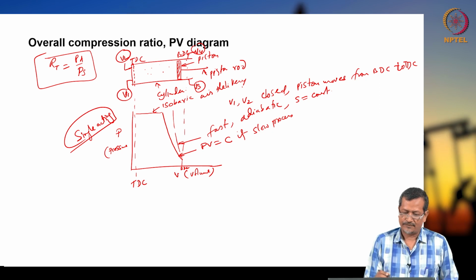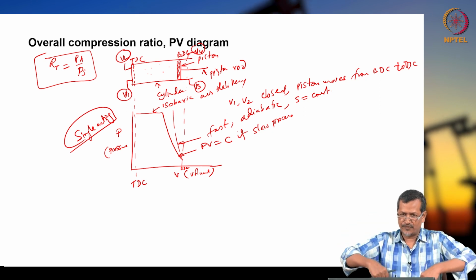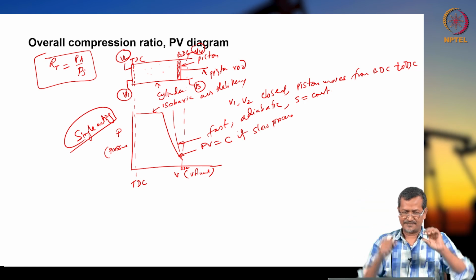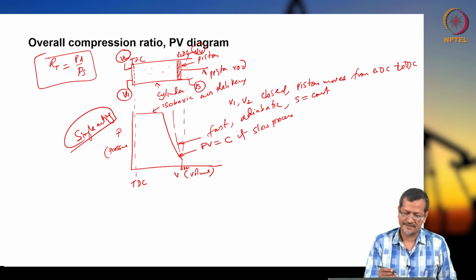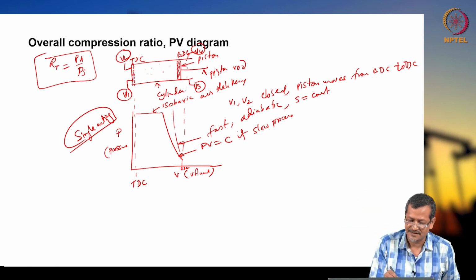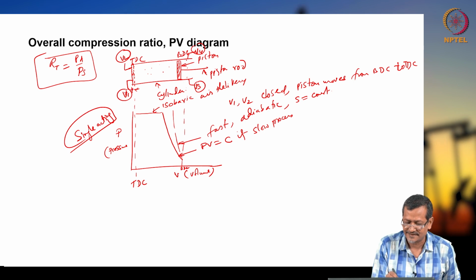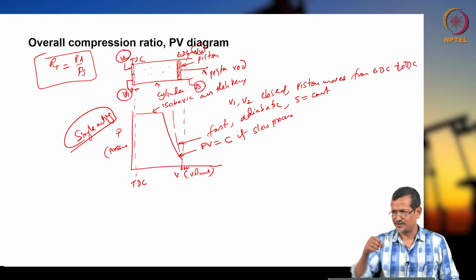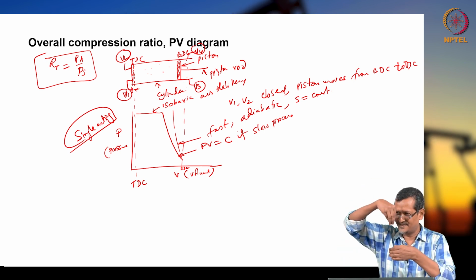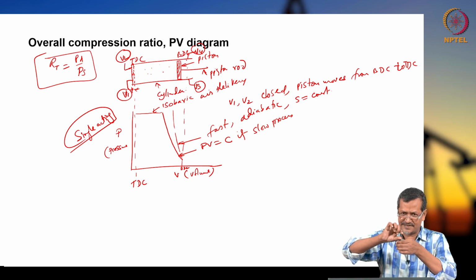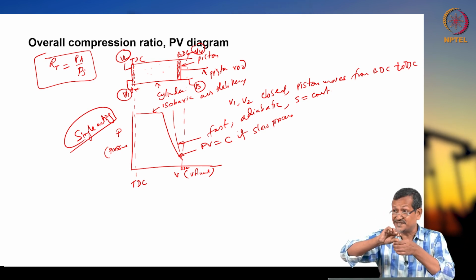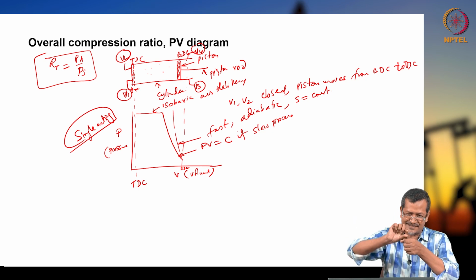Then when it is compressed, you move the piston up again, and some small amount of gas remains in the cylinder, in the clearance area, because the piston is not touching completely. Some gap will be there, and that gap has compressed air.